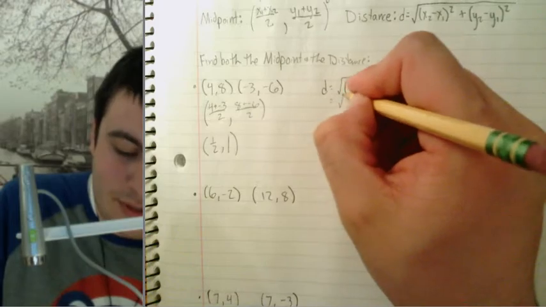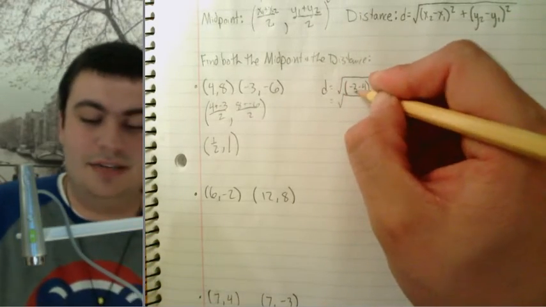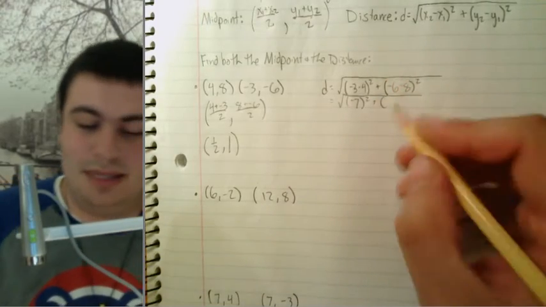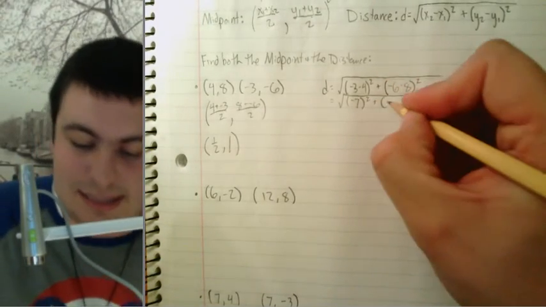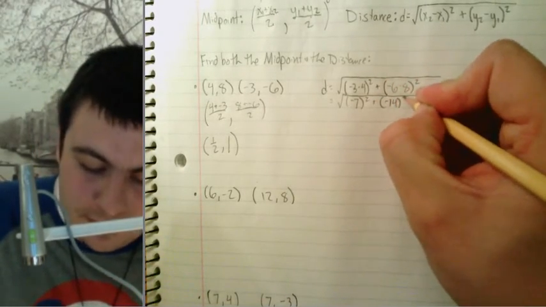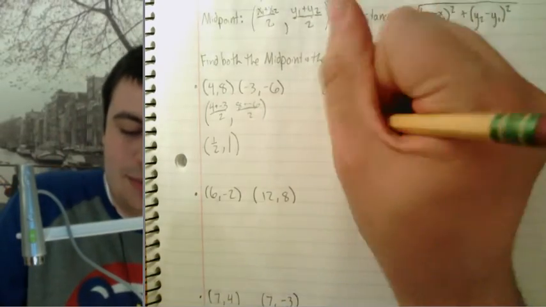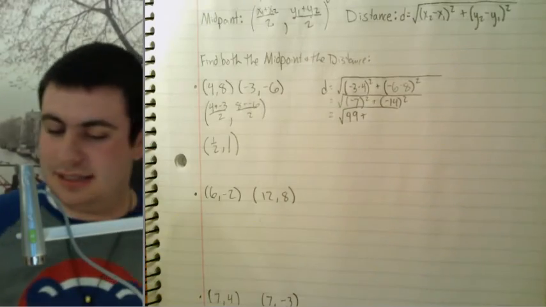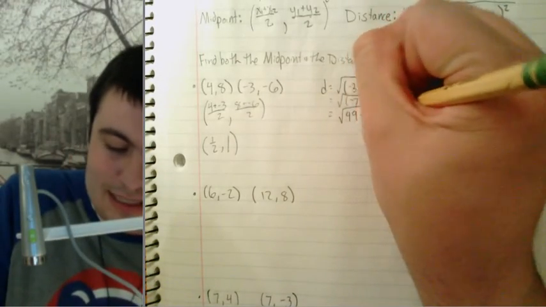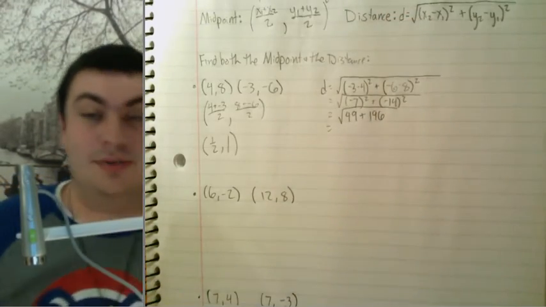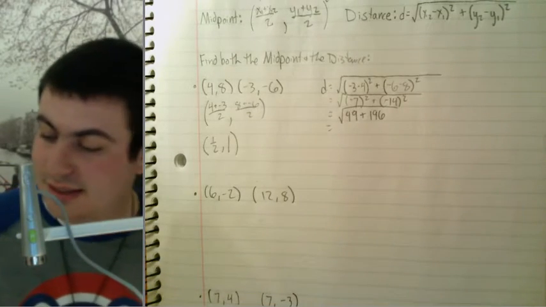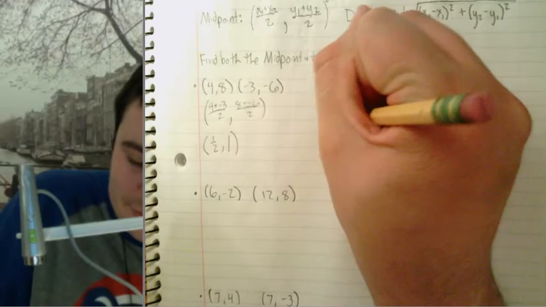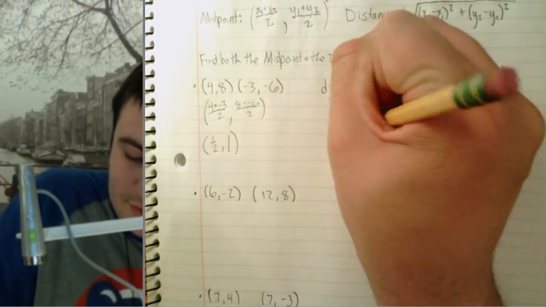So that's going to be the square root of negative 3 minus 4, that's negative 7 squared, plus negative 6 minus 8, that's negative 14 squared. So keep going, we have the square root of 49 plus 196. 49 plus 196, it turns out, is 245. So we have the square root of 245.